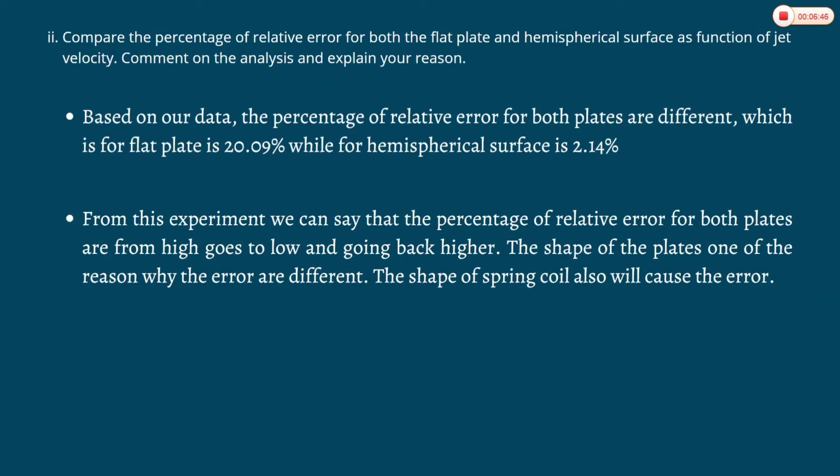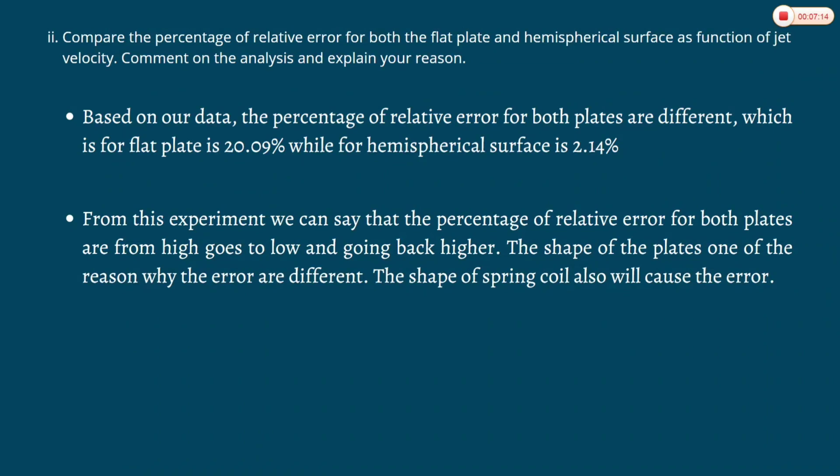Next, question number 2. Compare the percentage of relative error for both the flat plate and hemispherical surface as function of jet velocity. Comment on the analysis and explain your reason. So based on our data, the percentage of relative error for both plates are different, which is for flat plate 20.09%, while for hemispherical surface is 2.14%.